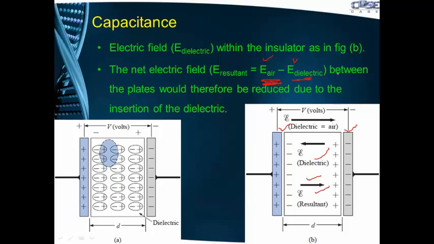So this net electric field between the plates would therefore be reduced due to the insertion of the dielectric. So the effect of the dielectric or insulator within the plates is that the net electric field would be reduced, because the net electric field is the difference of the electric field between air and the dielectric.